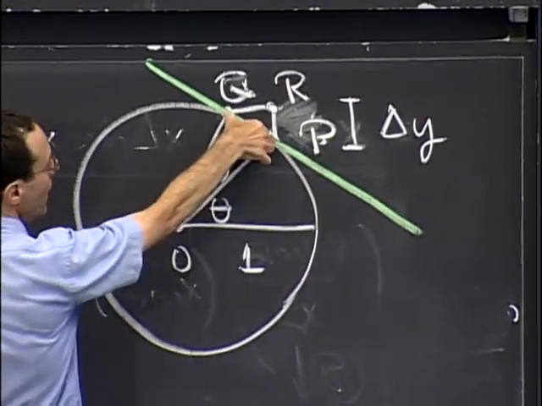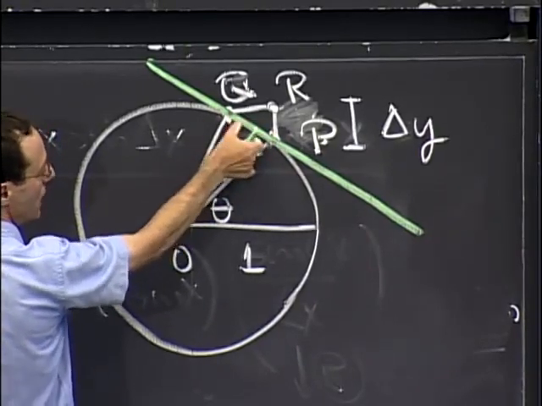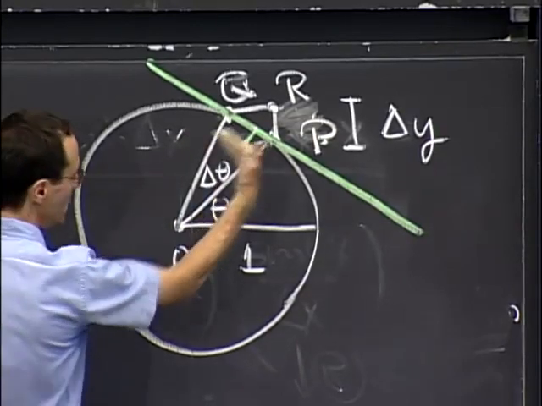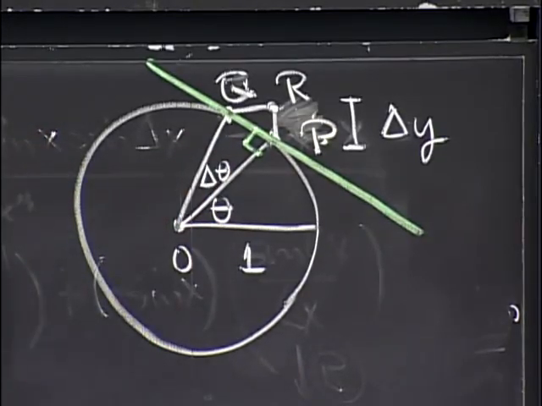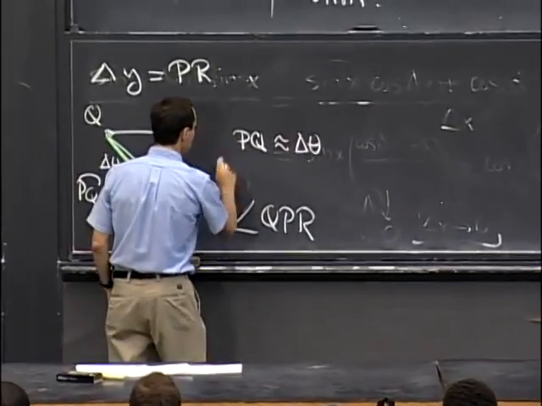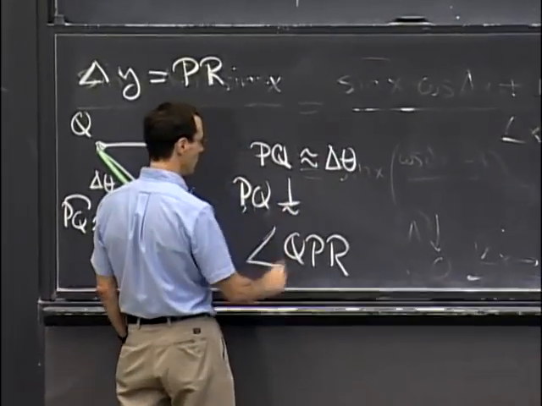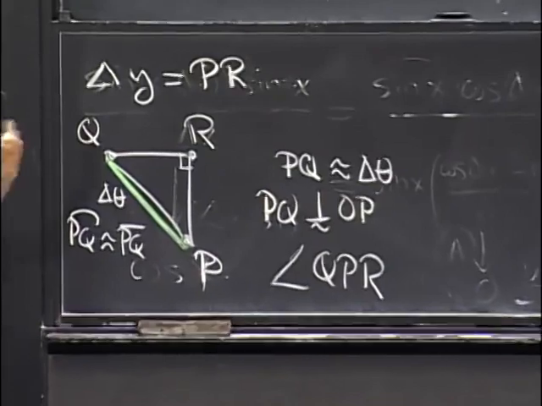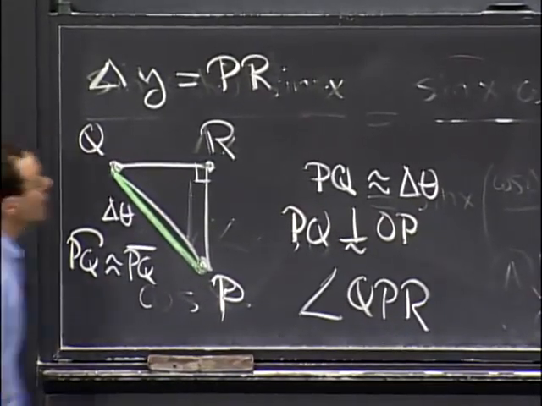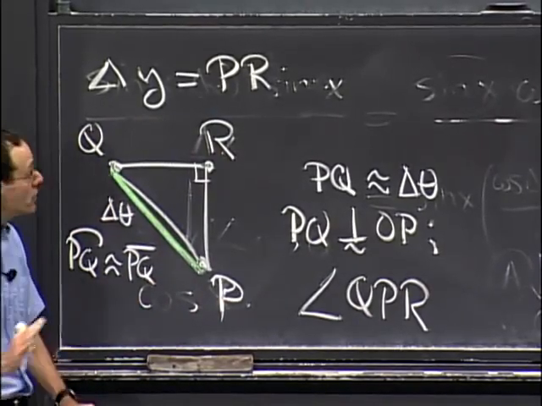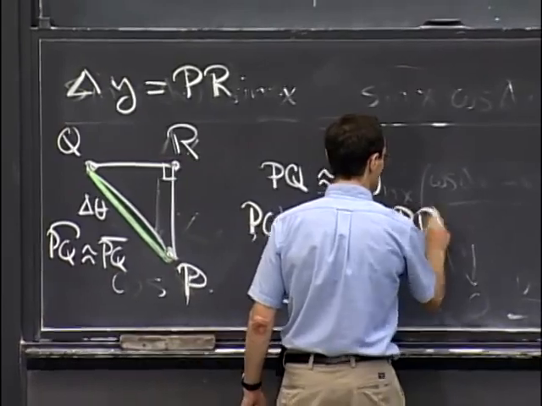It's not quite, because the distance from P to Q is non-zero, but in the limit, it's going to be exactly perpendicular, the tangent line to the circle. So the key thing I'm going to use is that PQ is almost perpendicular to OP. The ray from the origin is basically perpendicular to that green line. And the second thing I'm going to use is something obvious, which is that PR is vertical.